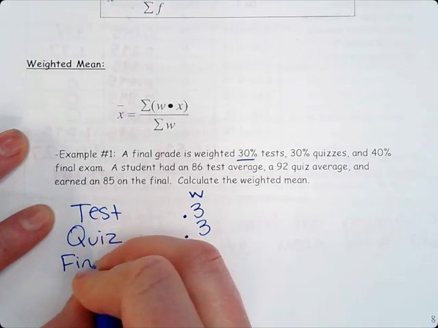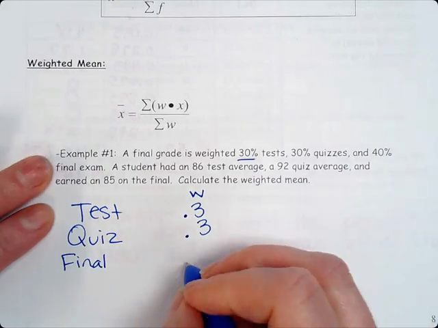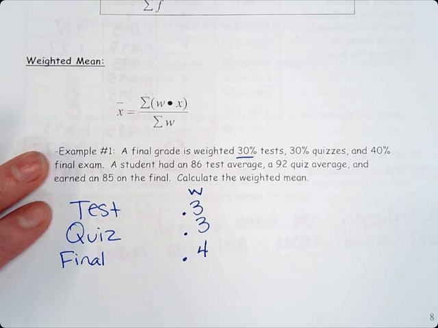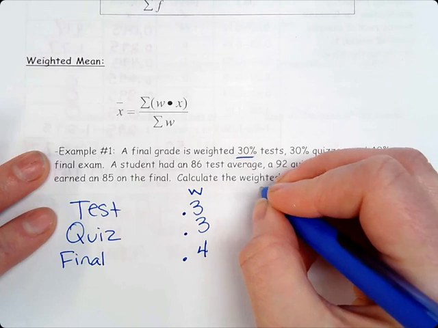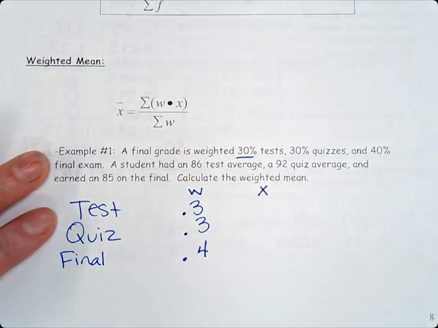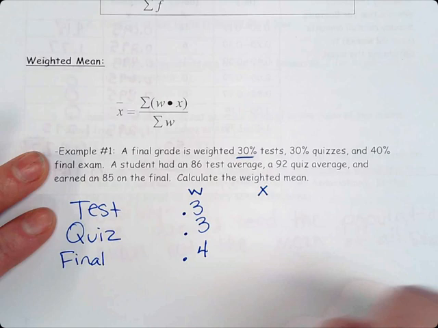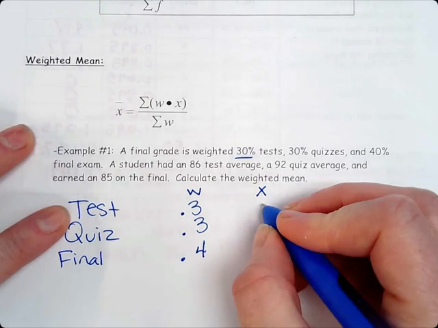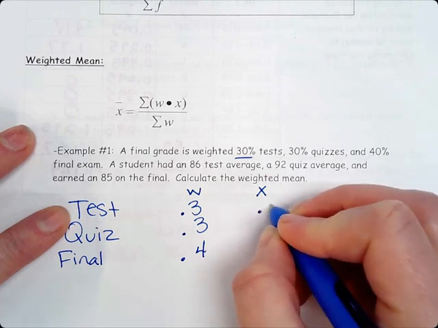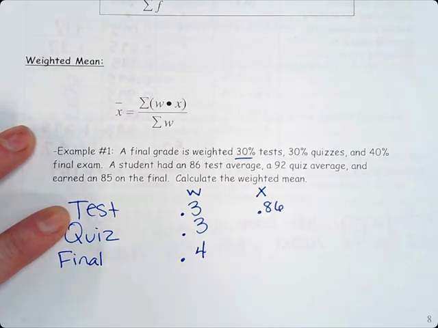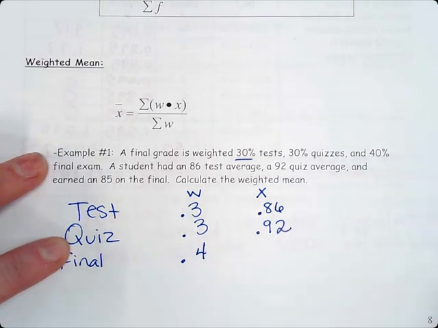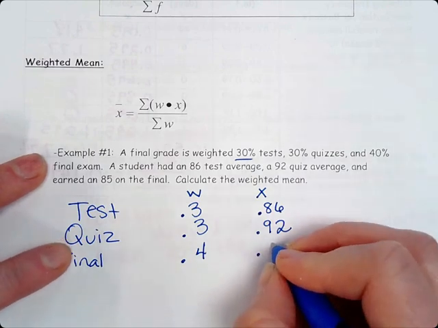And our final exam is 0.4. Okay, and x is going to be what we received as an average for that particular category. So for test, it would be 86, but we were talking about percent, right? So it'd be 0.86. For quiz would be 0.92. And for final, 0.85.